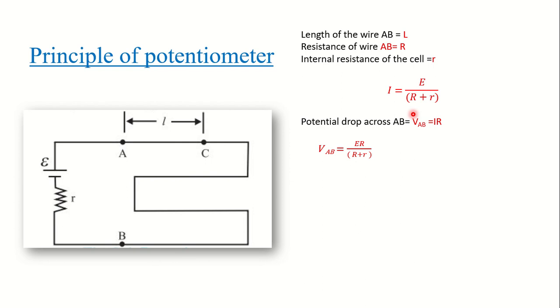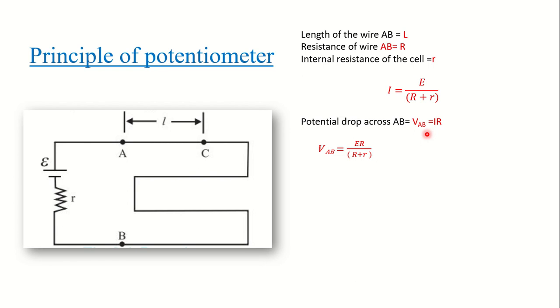Now the potential drop across A and B, represented as VAB, will be equal to I into R. These concepts we have already studied in the 11th standard current electricity chapter.